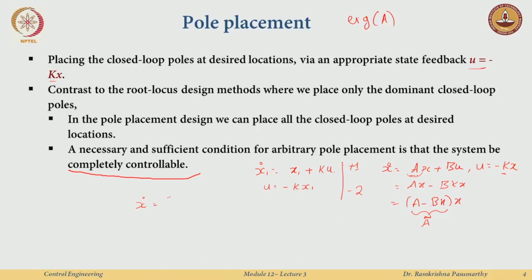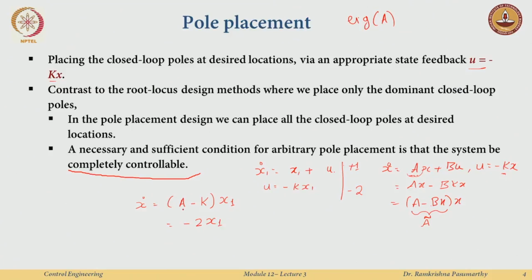Sorry, let us get this k also out, this looks nicer now. So, x1 dot equal to x1 plus u. Can I use a controller like this in such a way that the closed loop system is A minus k times x1? The closed loop system looks like this, minus 2 times x1.